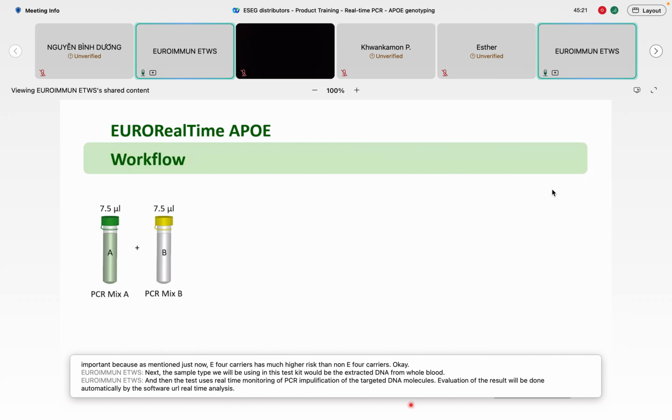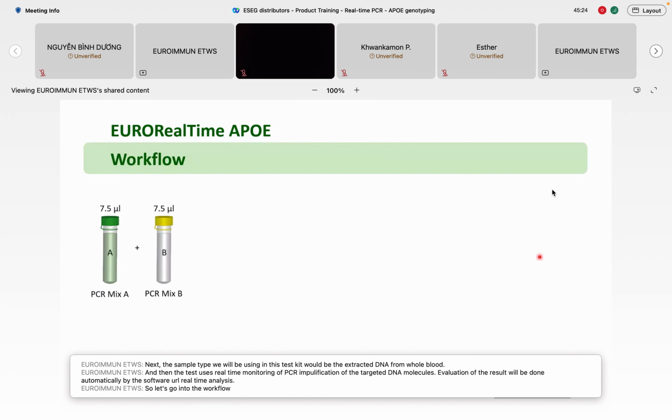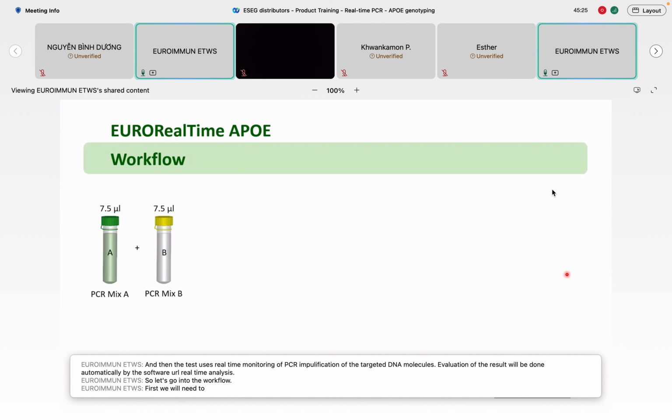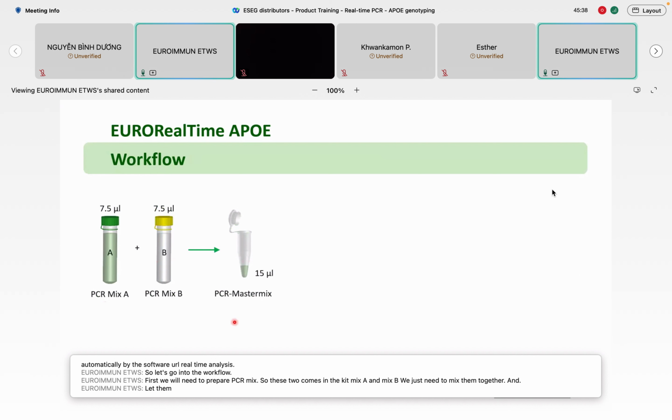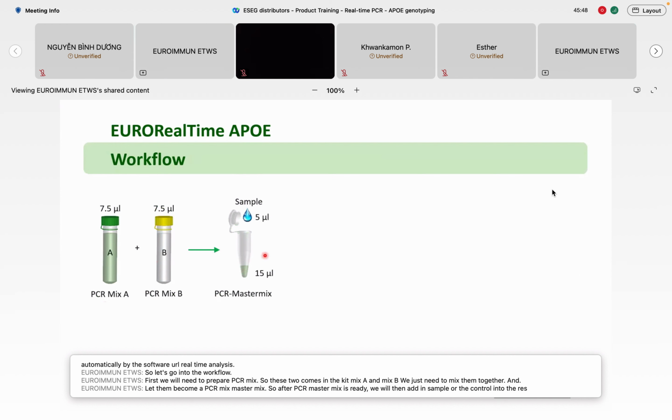So let's go into the workflow. First, we need to prepare the PCR mix. These two come in the kit, mix A and mix B. We just need to mix them together to make the PCR master mix. After the PCR master mix is ready, we add the sample or the control into the respective vessels.